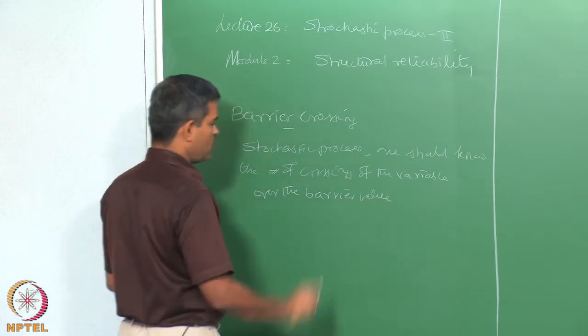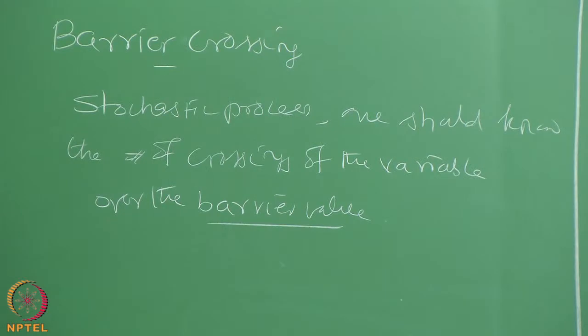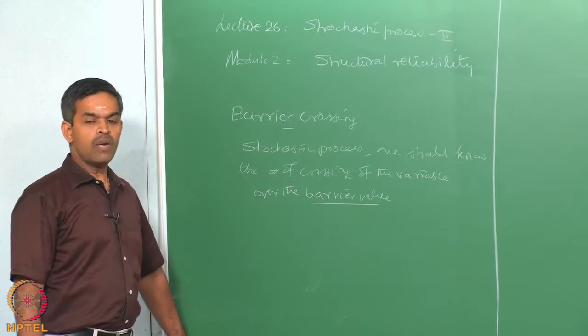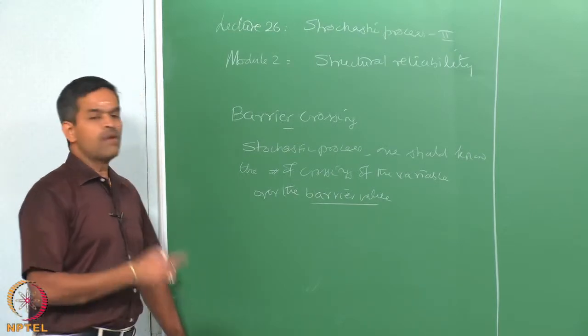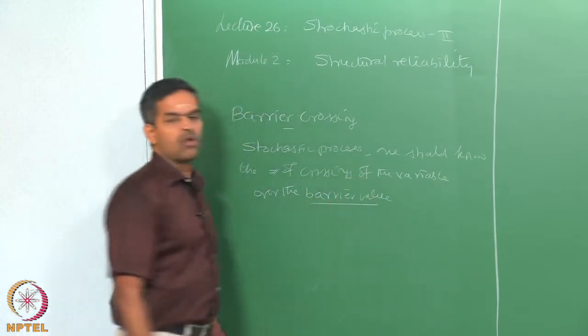The barrier value can be any value of the designer's or analyst's choice. Once this value is fixed as a barrier or an upper limit, one would like to know how many times the variable has crossed the threshold value.